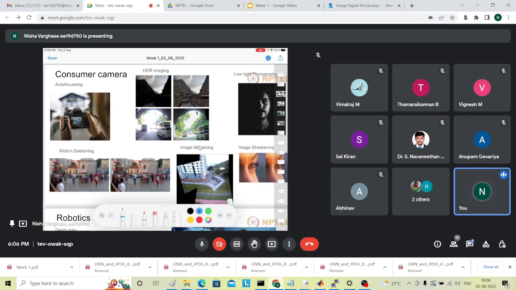Then comes HDR imaging. HDR means high dynamic range image. So if we have an image like this, the first image, it is having darker areas here and here. So the portions in those darker areas are not visible, right? And in the bottom image, some of the pixels are saturated here.